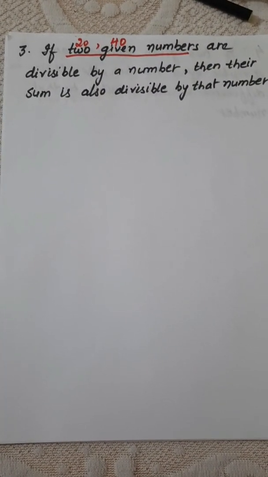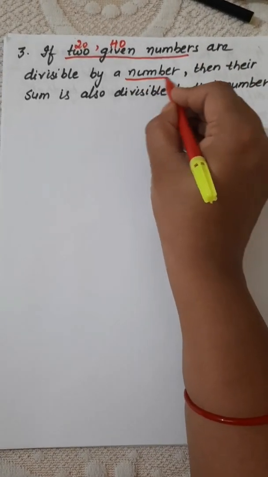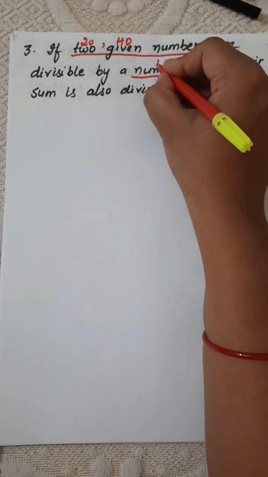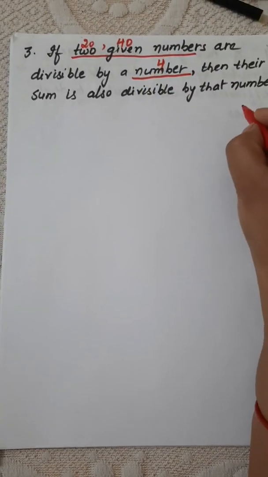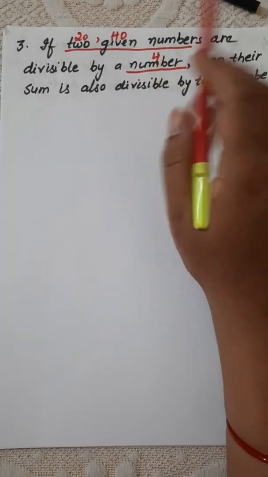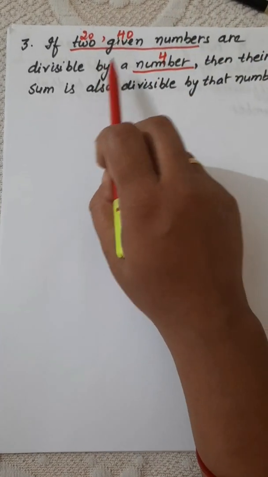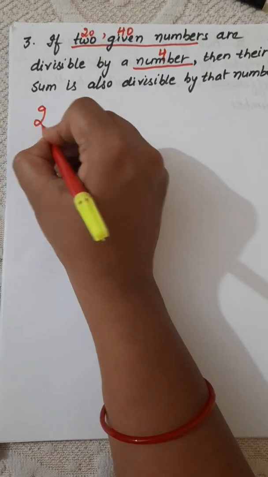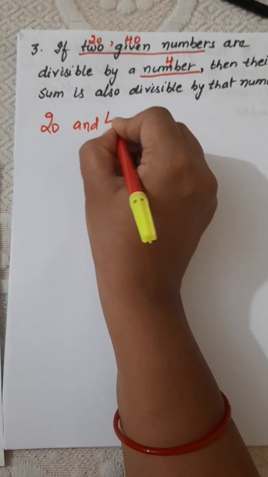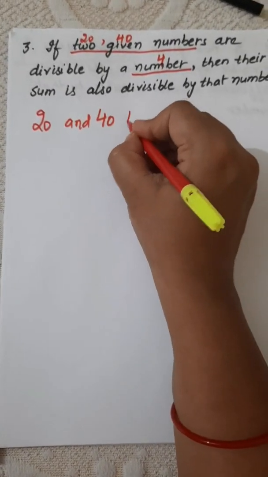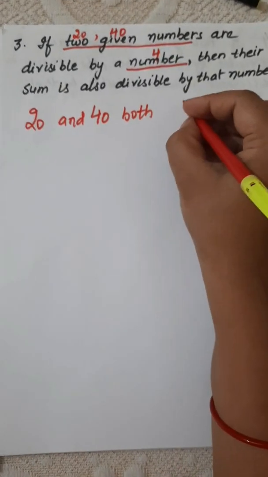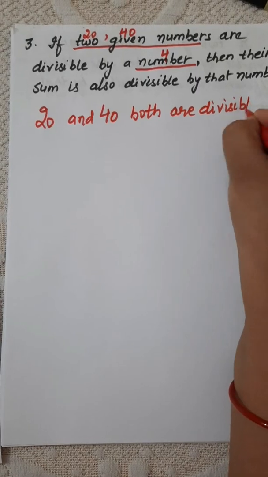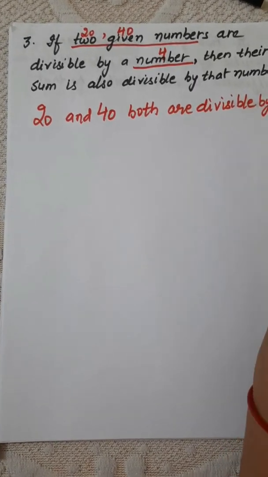If 20 and 40 are divisible by a number, suppose 20 and 40 both are divisible by 4, and we know that 20 is divisible by 4 and 40 is divisible by 4. If two given numbers are divisible by a number, I will write 20 and 40 both are divisible by 4.